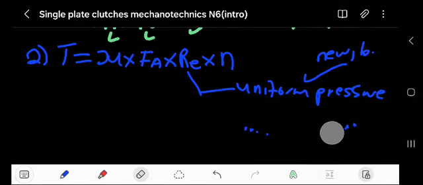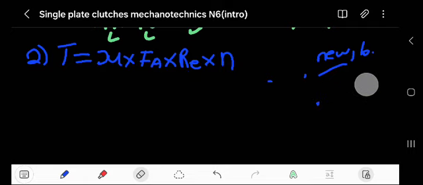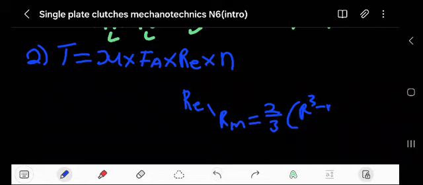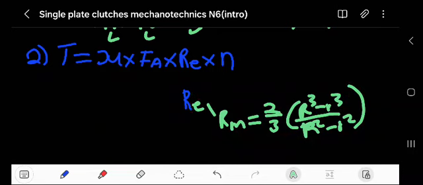Remember, R_E simply will be equal to R_M, whereby we know it will be 2 over 3 into R cubed minus r cubed over R squared minus r squared. Remember, this is the formula for uniform wear. This is what you're supposed to know.